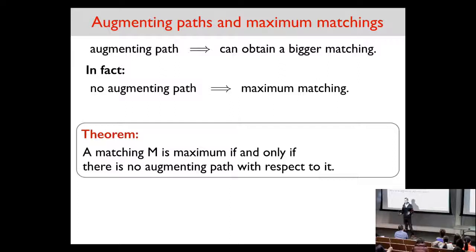Augment it, make it bigger, and so on, until you cannot find any augmenting paths anymore. The theorem says that once you cannot find an augmenting path, you're done, because that has to be a maximum matching. Of course, there's the issue of how you find an augmenting path. But if for now we assume you could do that efficiently, then this would be an efficient algorithm.